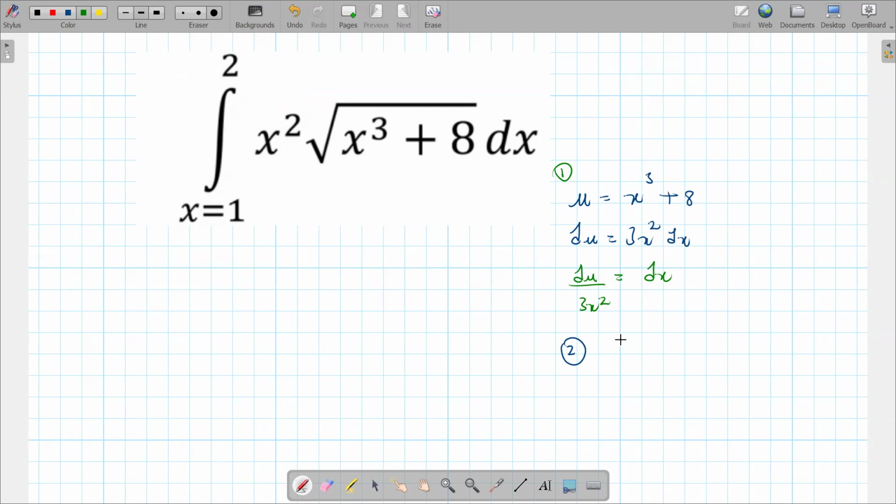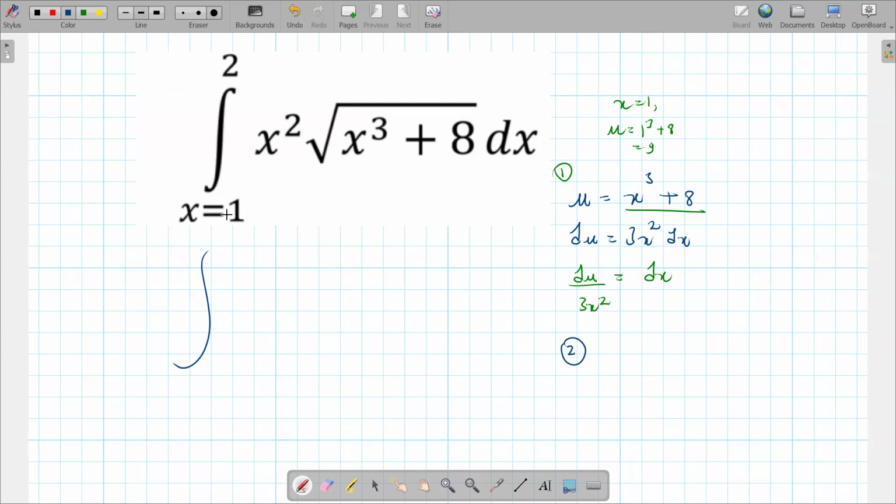So here's how it's going to work. For the lower bound x equals 1, we just replace x with 1 in this function here. So when x is 1, U is going to be 1 cubed plus 8, 9.